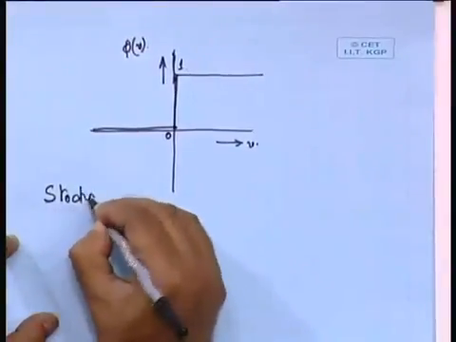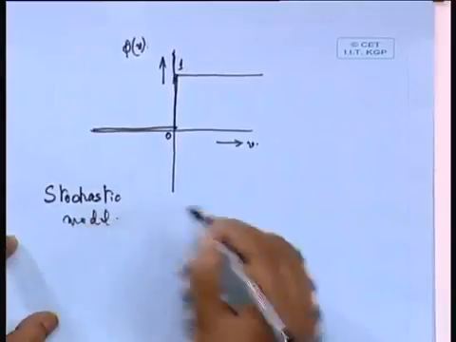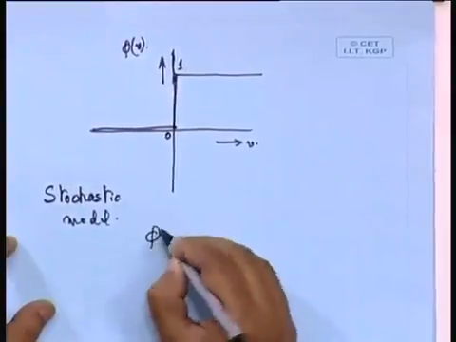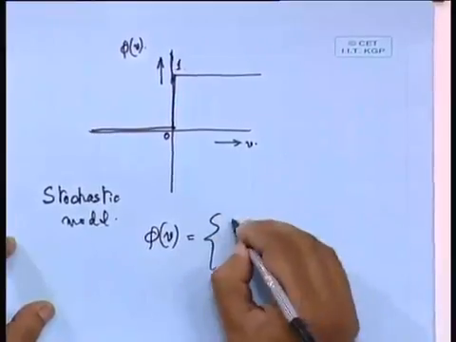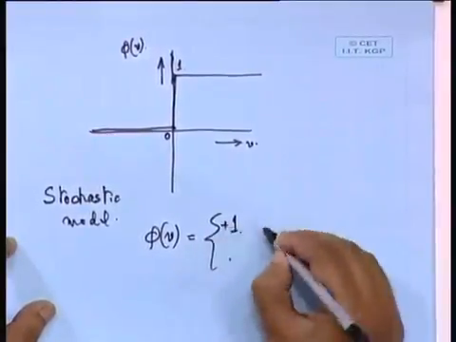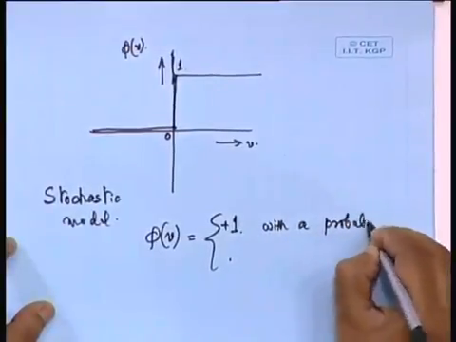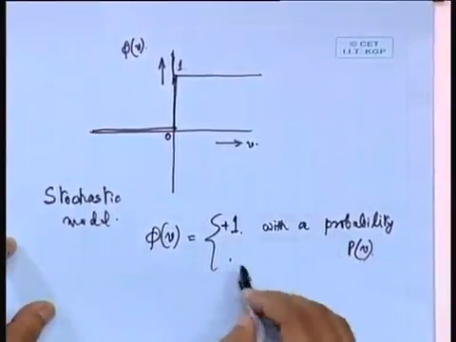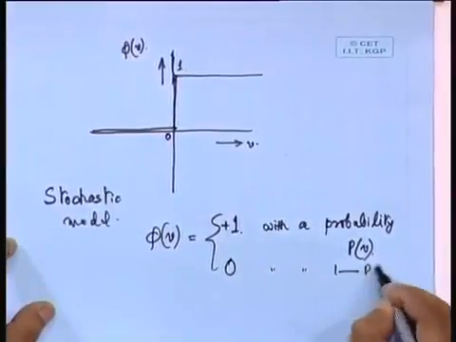Now with the stochastic model, we are going to define it this way: phi V is going to be plus 1 with a probability P(V), and it's going to be 0 with a probability of 1 minus P(V).